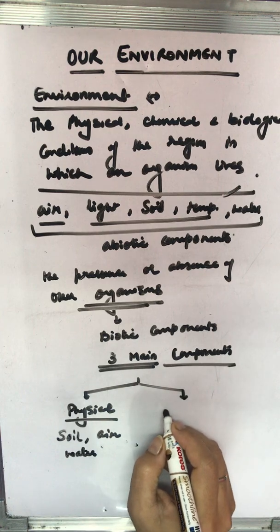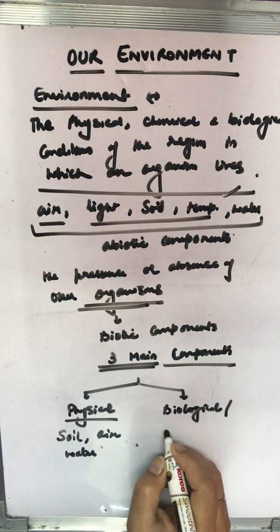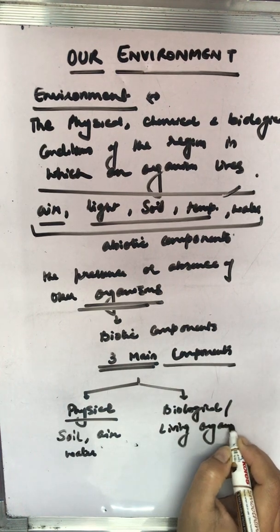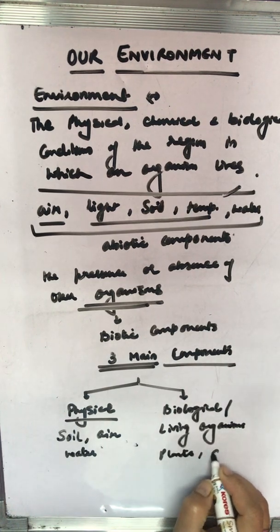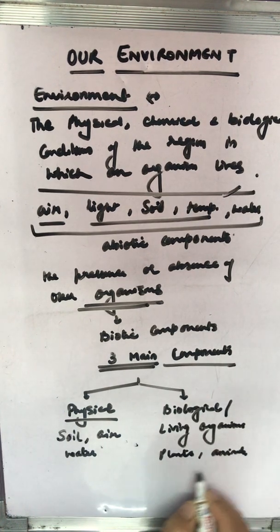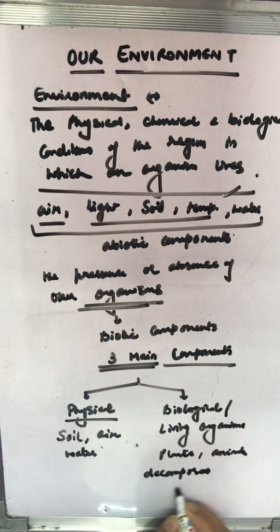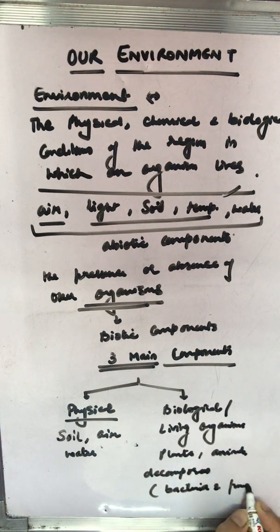Second is biological, or we say living organisms, which include plants, animals, decomposers. Decomposers can be bacteria and can be fungi.